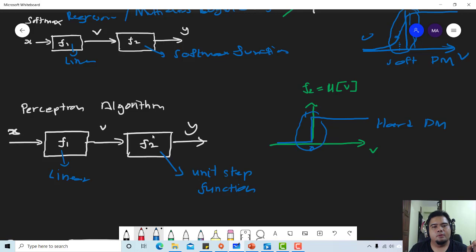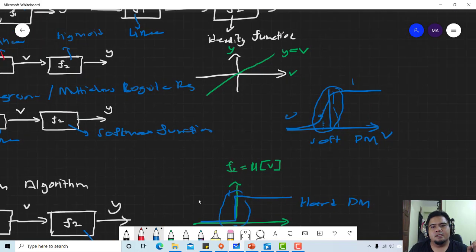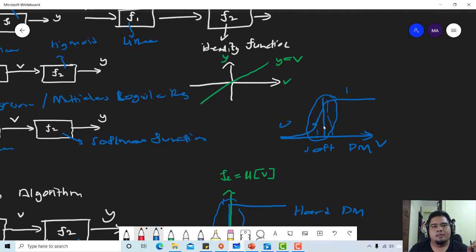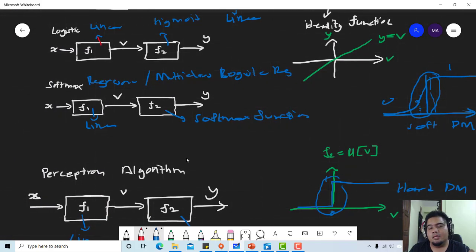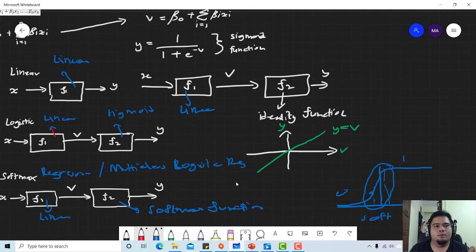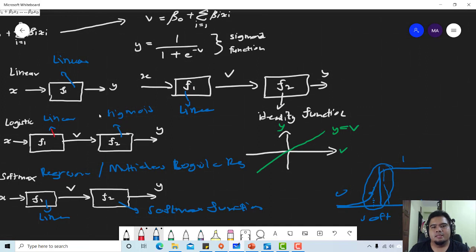Instead of using f2 as a unit step function, they changed it into a sigmoid function. And once this f2 becomes a sigmoid function, it is not called a perceptron algorithm anymore. It's called logistic regression, which is this one. So that is where logistic regression comes from.